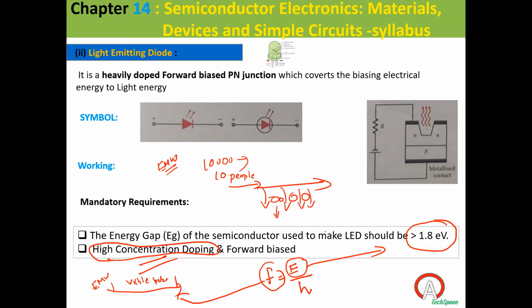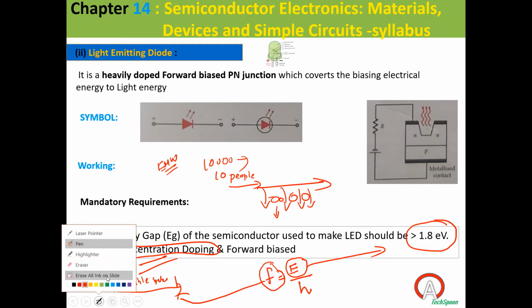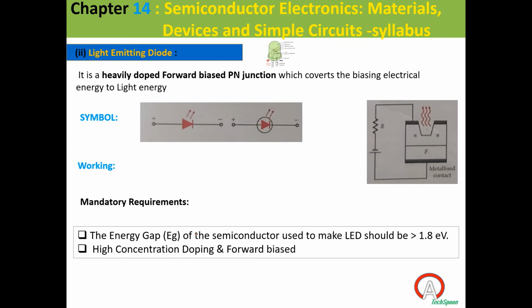Very simple. You have to correlate with this equation. See, we know the equation f is equal to energy divided by Planck's constant.